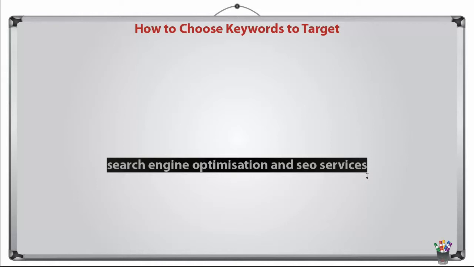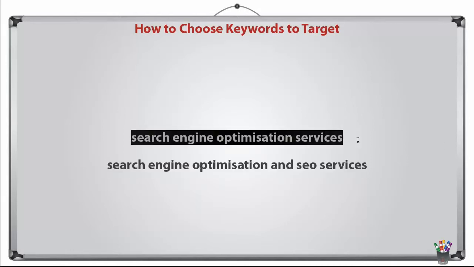Now, a lot of people say, oh, you should go for long tail keywords because there's less competition. Not smart. We do target long tail keywords for that reason. Yes, there's less competition, but we don't forget other keywords, because they get searched more too, right?